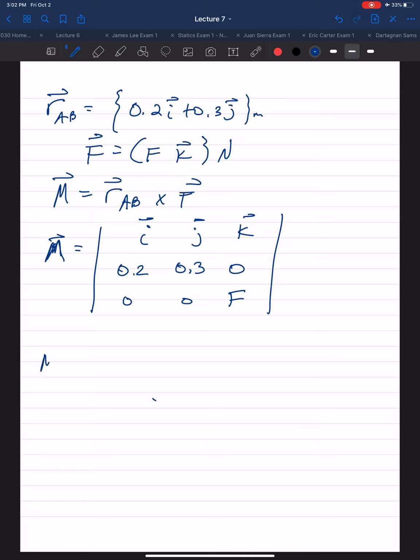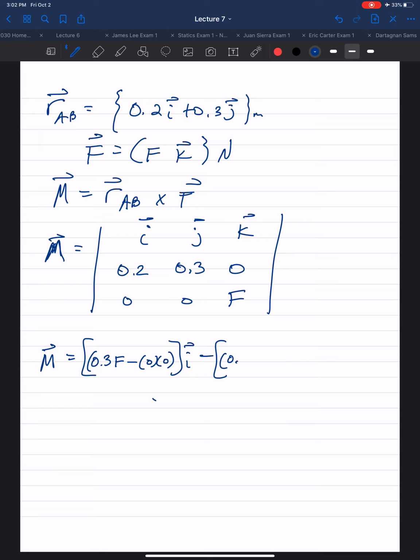Then solving that out, for i, we ignore the top row and the first column. So that'll be 0.3 F minus 0 times 0 i. The second term for j is always subtracted. We're ignoring the top row in the second column.